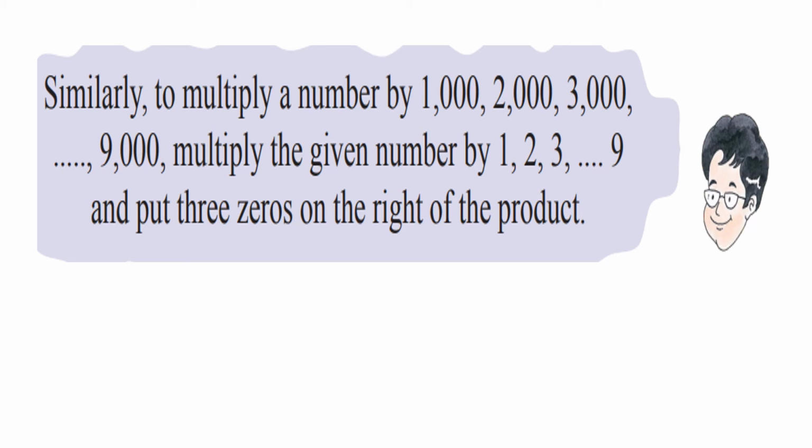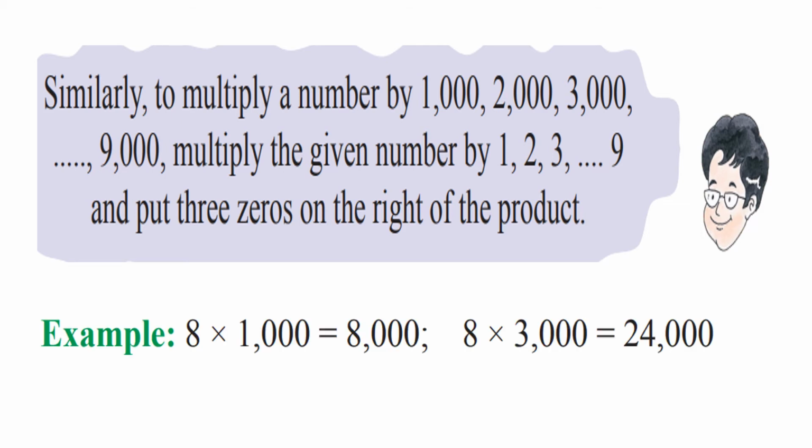The same steps apply with hundreds, 200s, 300s. Example: 8 times 1000. You write 3 zeros to the right first, and then you multiply 1 times 8 equals 8. The answer is 8000.